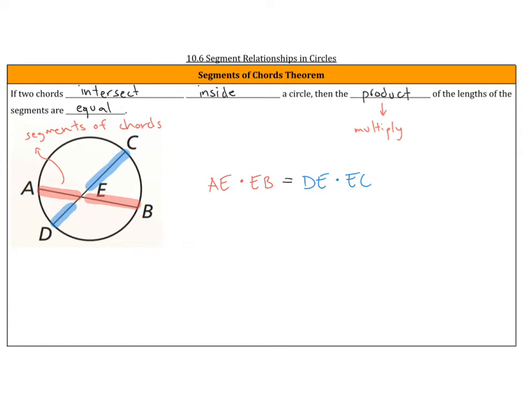So once more, you take each individual part of your chords, your segments of the chords, and you multiply them together, and they should be equal to the product of the other segments multiplied as well.